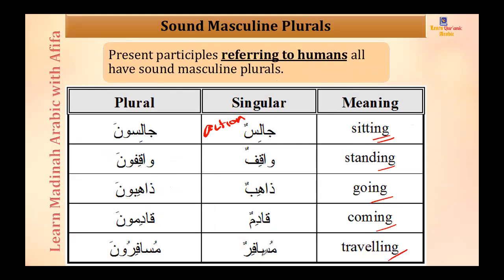All these kinds of words in Arabic take the same una plural that we have talked about, again, for masculine. So jalisun, jalisuna. Waqifun, standing, waqifuna. Dhahibun, going, dhahibuna. Qadimun, coming, qadimuna. Traveling, musafirun, plural, masculine. Travelers would be musafirun.